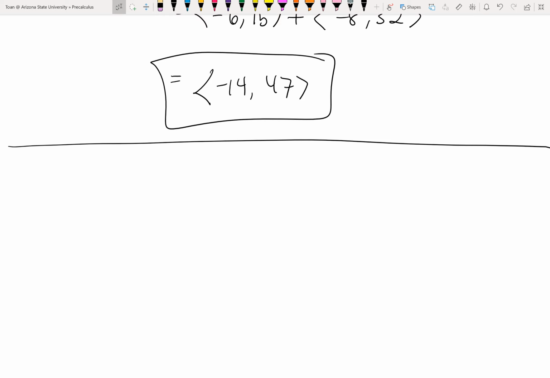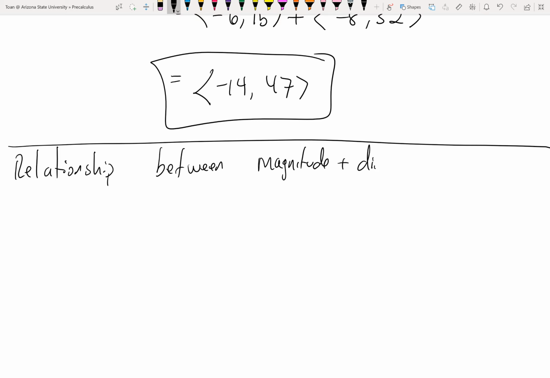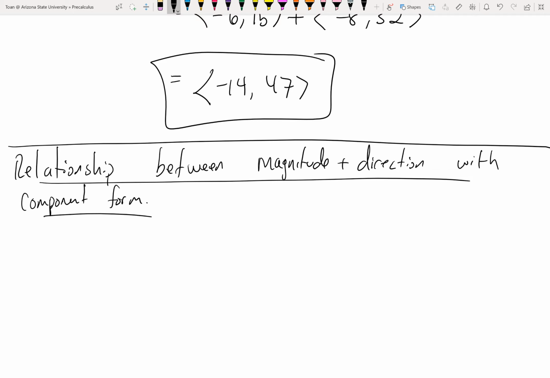So let's talk about converting, or let's say the relationship between magnitude and direction with component form. That looks complicated, so that's just the title here.